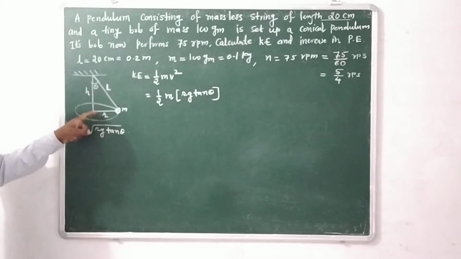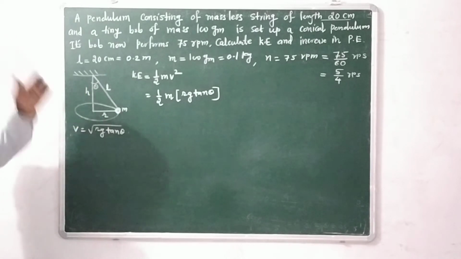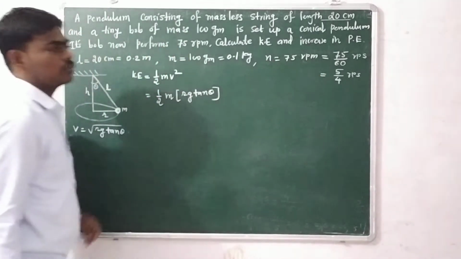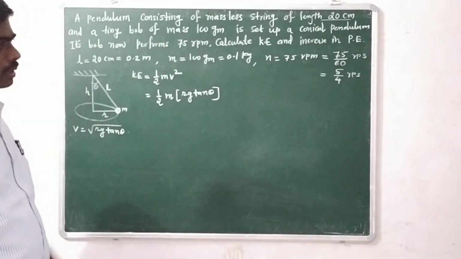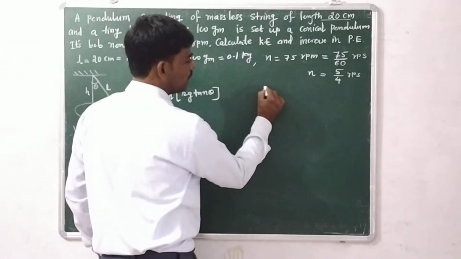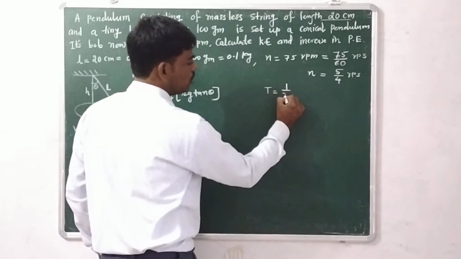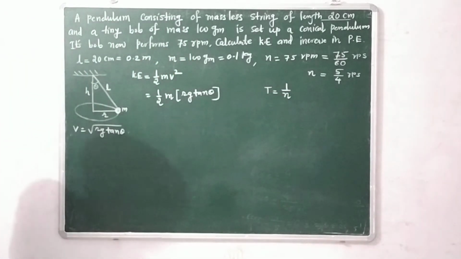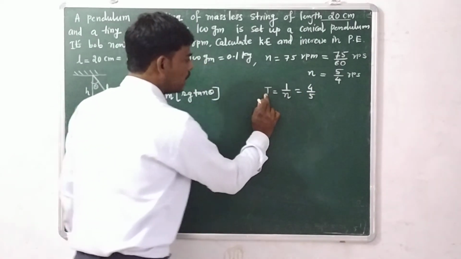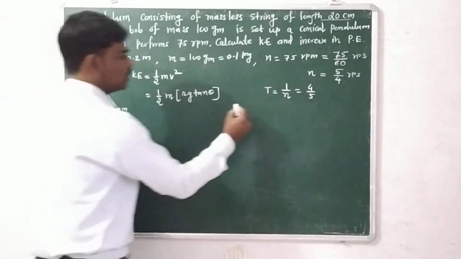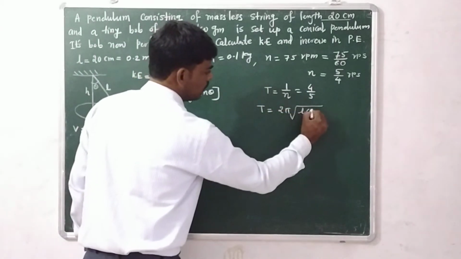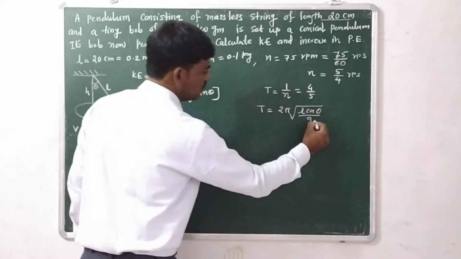Now how can one find the radius as well as theta? The hint is here. The frequency of that bob is given to you, that is 5 by 4 RPS. From this frequency we can find the period, because period is nothing but the reciprocal of frequency, so it becomes 4 by 5. We know that the period of a conical pendulum is 2 pi under root L cos theta by g.